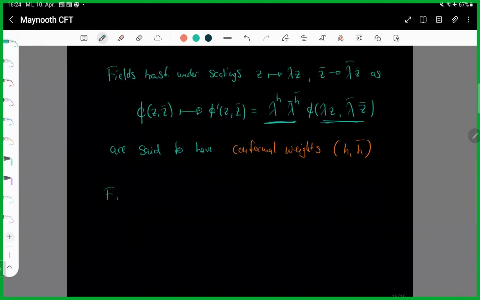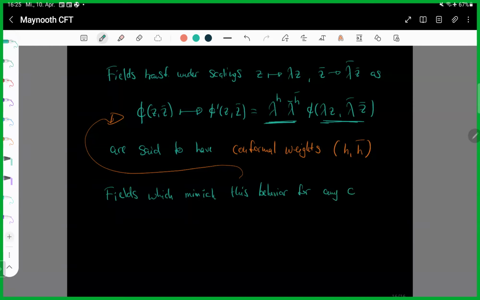And so now I'm going to define what these highest weight fields are: fields which mimic this behavior for any conformal transformation.